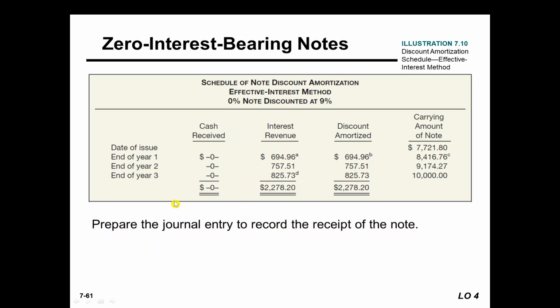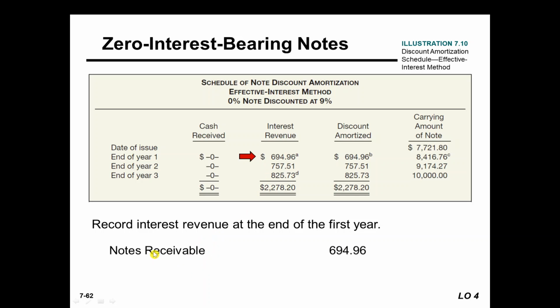So for the first year's journal, we record notes receivable of 7,721.8 and cash paid of 7,721.8. And to record the interest revenue at the end of the first year, 694.96, we add back to notes receivable.